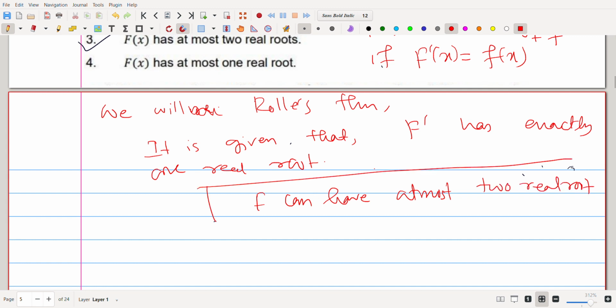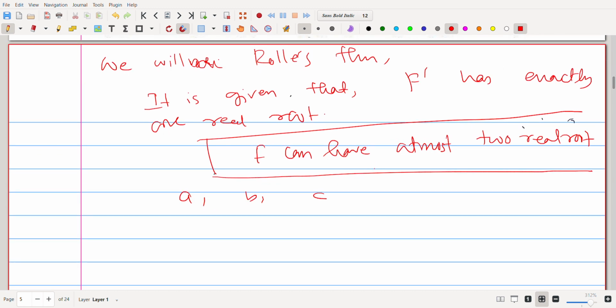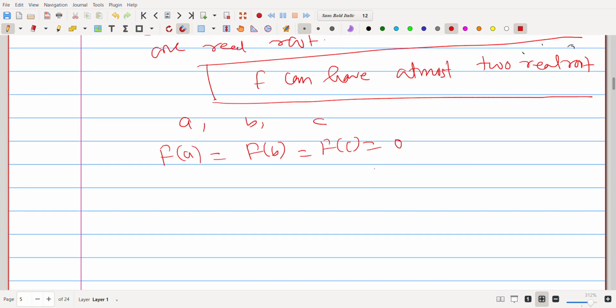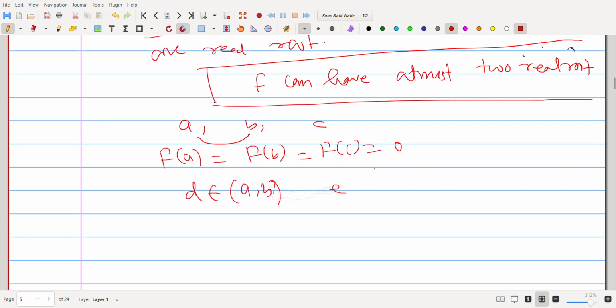Why is it? Because if F has three real roots, say a, b, c are the roots of F, F(a) equal to F(b) equal to F(c) equal to 0. Then by Rolle's theorem, there exists some d belongs to (a, b) and some e belongs to (b, c) such that F'(d) equal to F'(e) equal to 0, right?